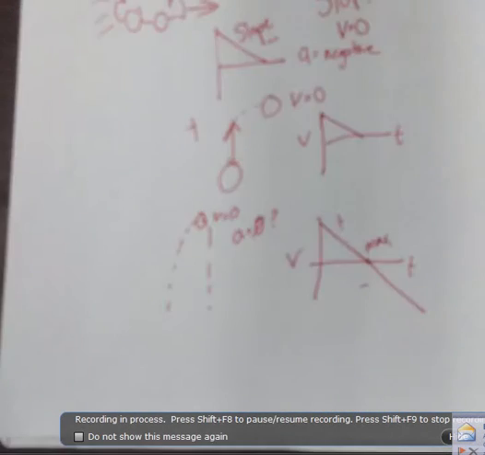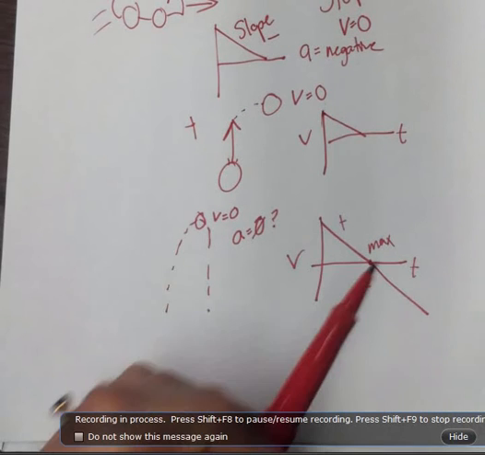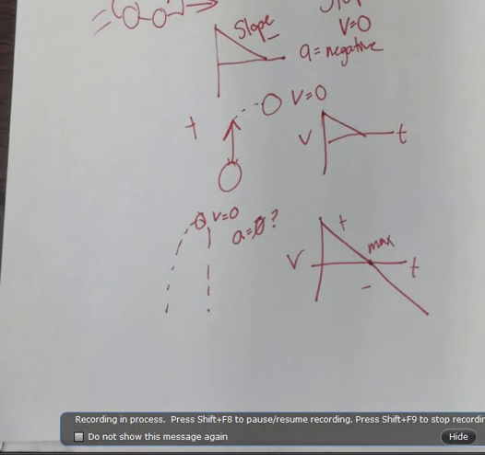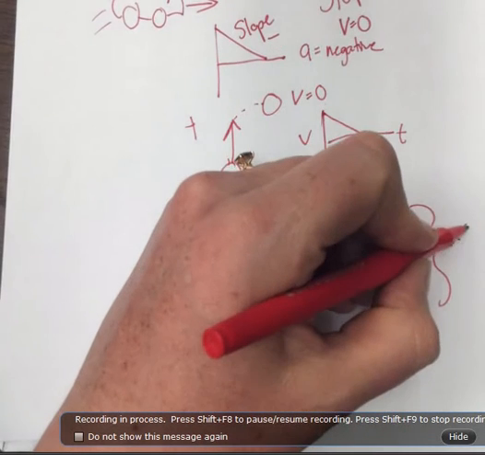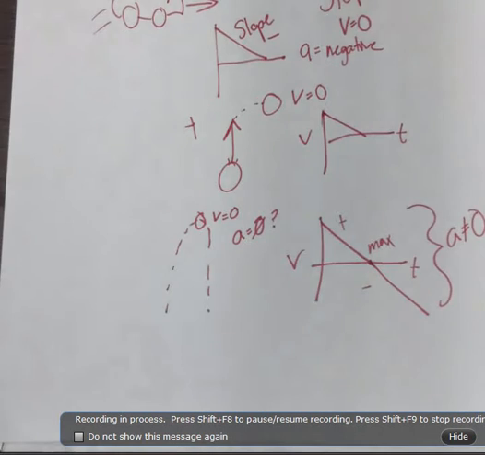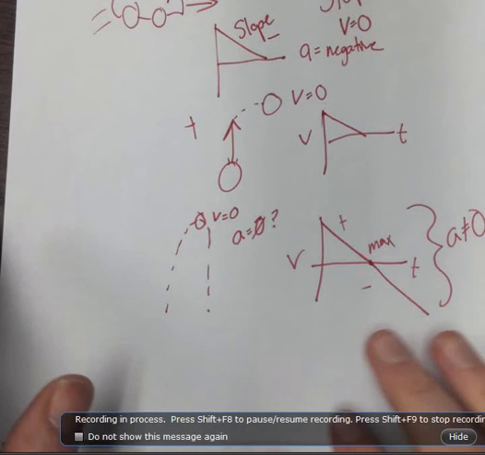So what happens here is, oh, look, the slope doesn't change. Oh, look, there is a slope. So this whole graph, you've got a non-zero acceleration. There is a slope, and that slope has a value, so that acceleration is not 0. So that's the other misconception that we want to make sure that we don't fall into that way of thinking.